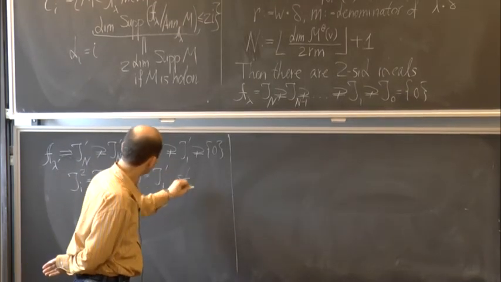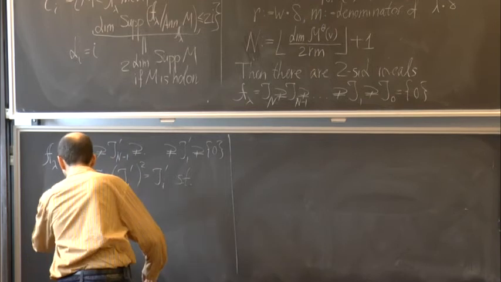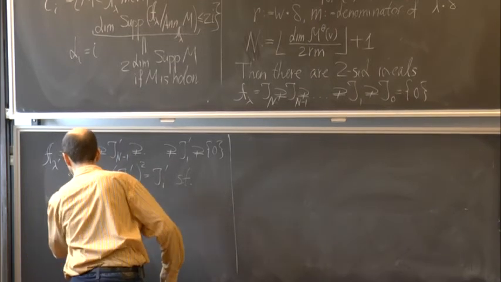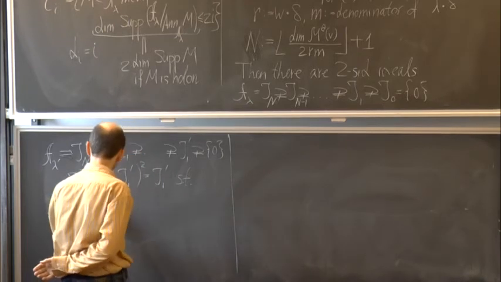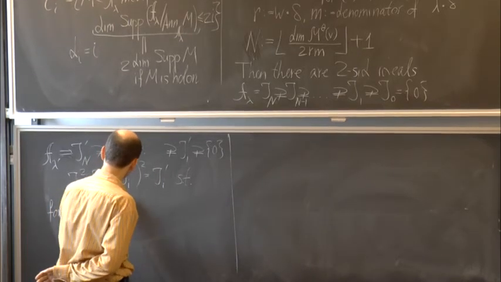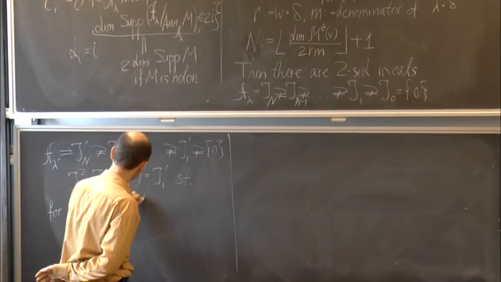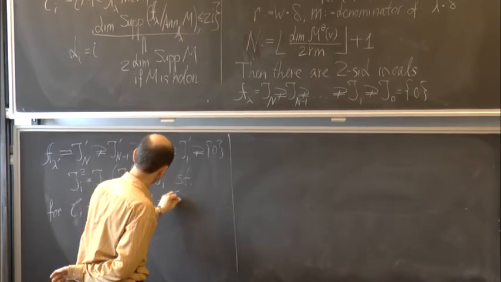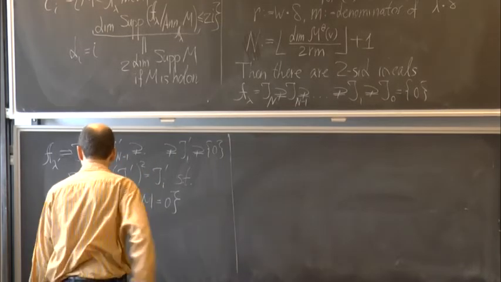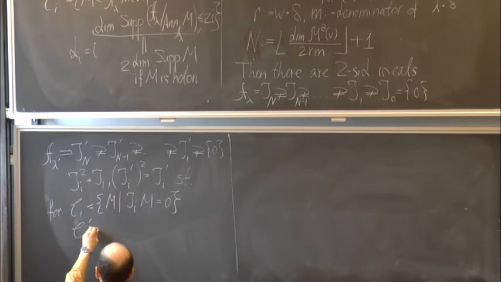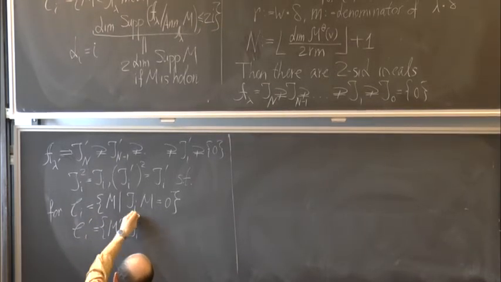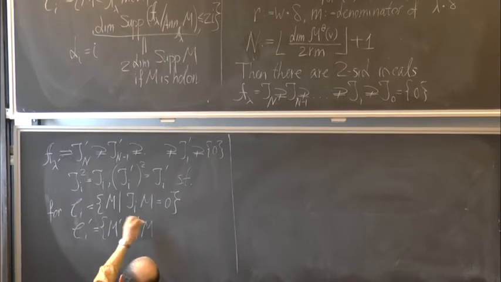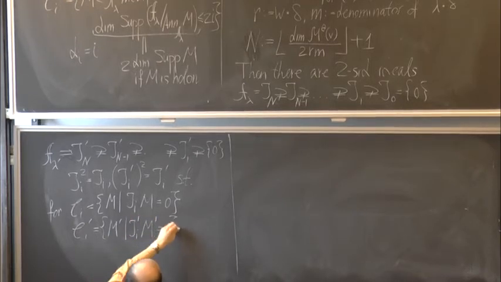such that for Ci being all modules annihilated by gi, and Ci prime all modules M prime being annihilated by gi prime, M equal to 0.